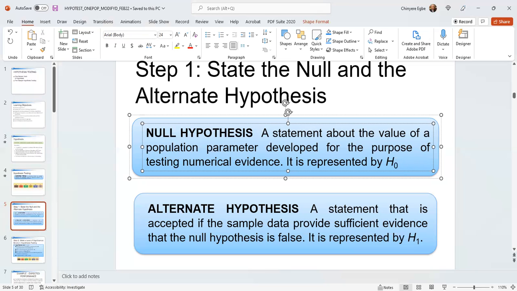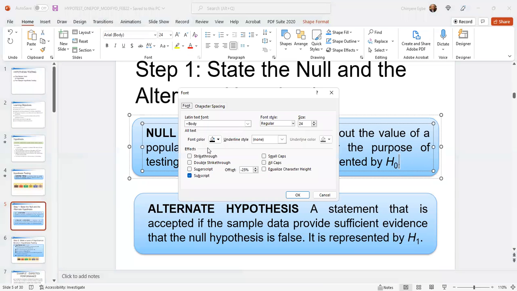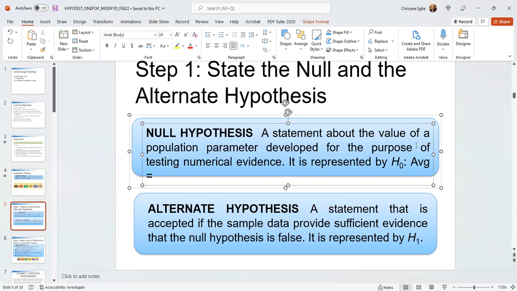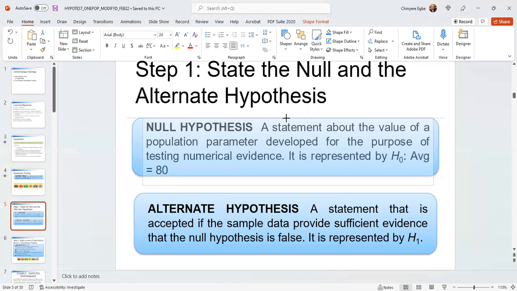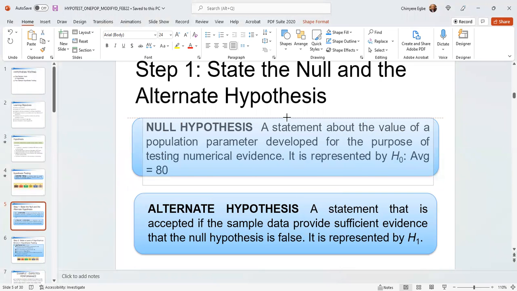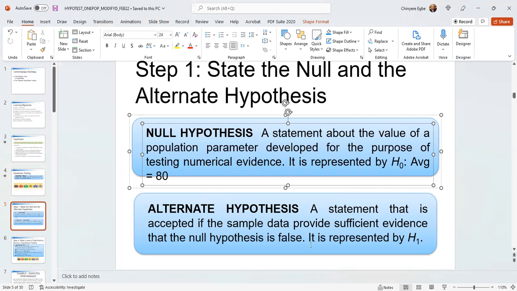For example, you say the null hypothesis is that the average equals a value, say 0. That's an example of a null hypothesis. Okay, and the alternate would be that it's not. All right.